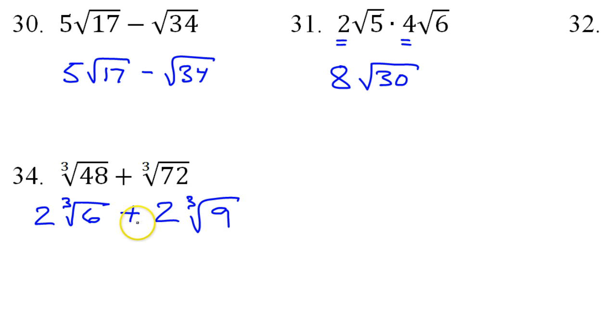Okay, unfortunately, there's nothing else that we can do. Alright, we have, again, two different numbers under the radical. So this is not basketballs and basketballs. It's 2 basketballs plus 2 footballs. Alright, you can't add them up and call it one thing. So we'll just have to stop there. That's as simplified as it can get.